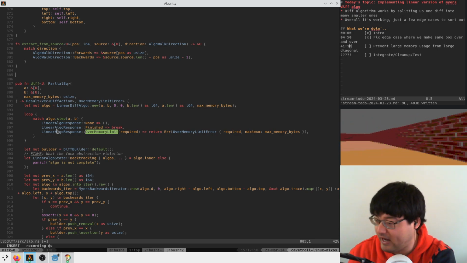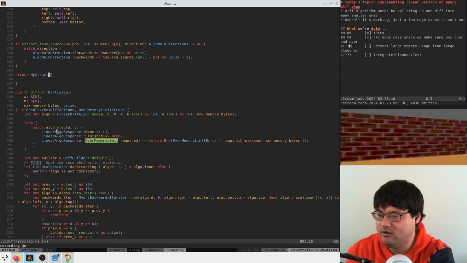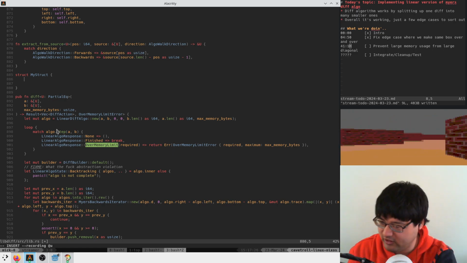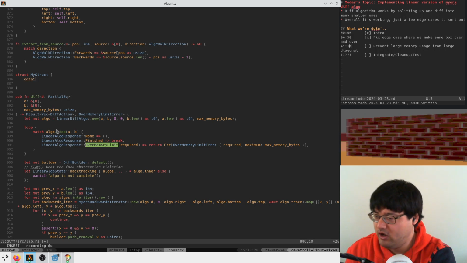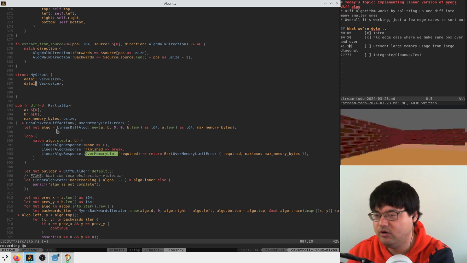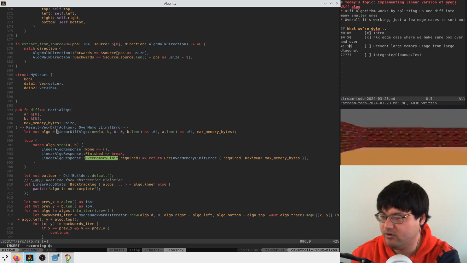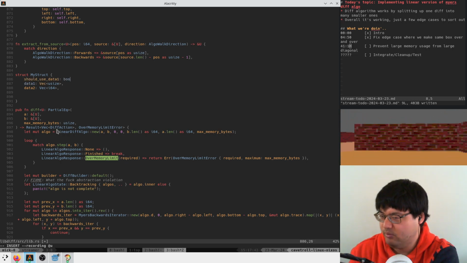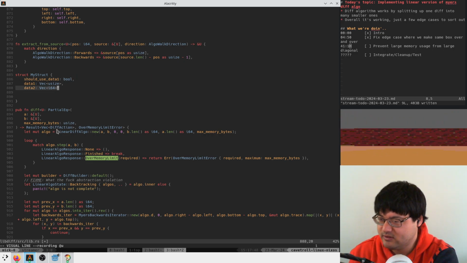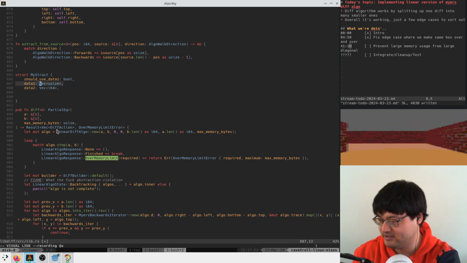I saw this pattern at work a lot and I hated it, where you'd have a struct, like my struct, and then you'd have data 1, which is like a vector, and data 2, which is like some ints or something, and then you say bool, should use data 1, and then you would check this and say if this is true then I should use this one, otherwise I should use this one, and don't mess it up, like this guy's invalid unless this bool is true.